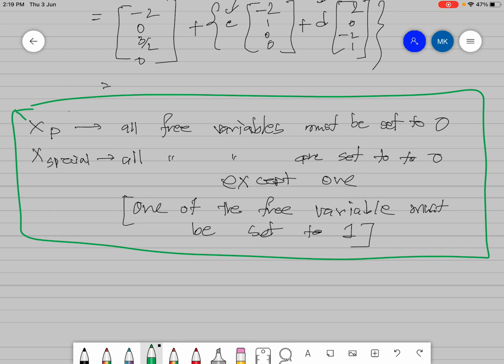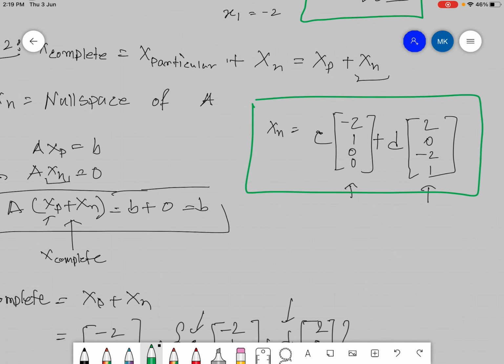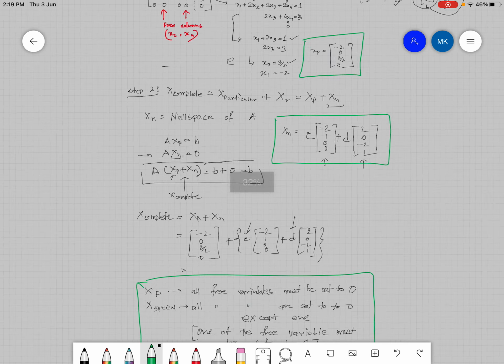Now I'll give you one system of equations for Ax equals b, and you have to find out the complete solution for that, if it exists. Okay, if I give you such a b that it doesn't fall inside the column space of that particular matrix A, then you cannot definitely solve it, right? So in that case there would be no solution.